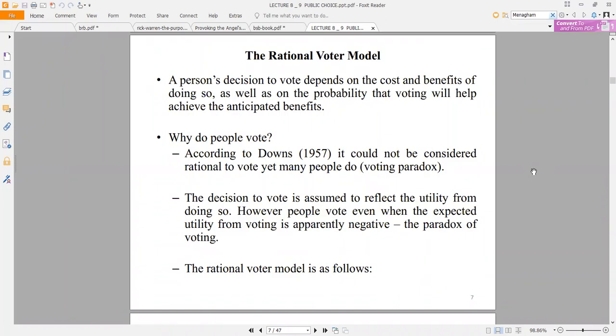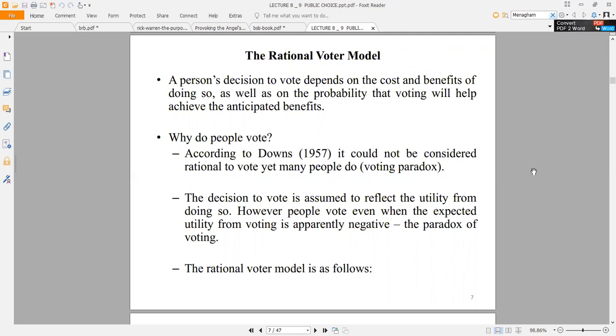All right, let's look at the rational voter model. Now, if you are a rational voter, your voting decision, whether you vote for a particular quantity A or quantity B, would depend on, one, the cost of voting, and two, the benefit that you are going to get from engaging in that voting process.